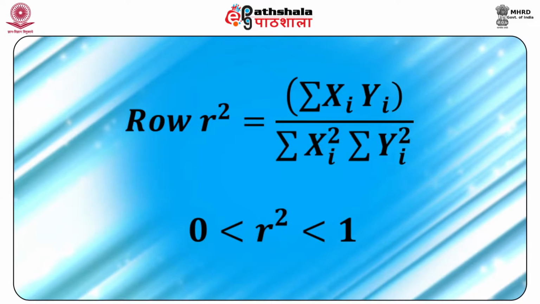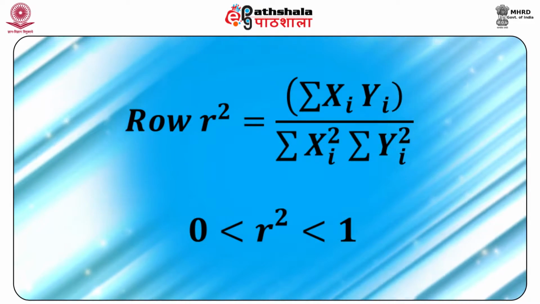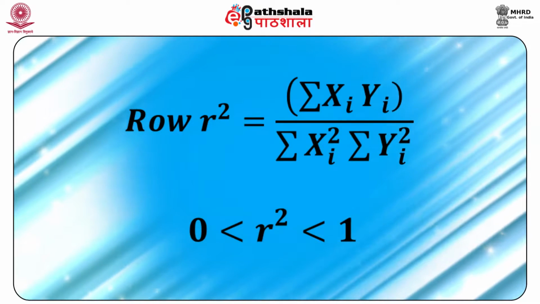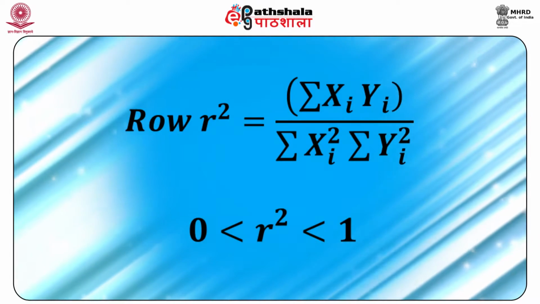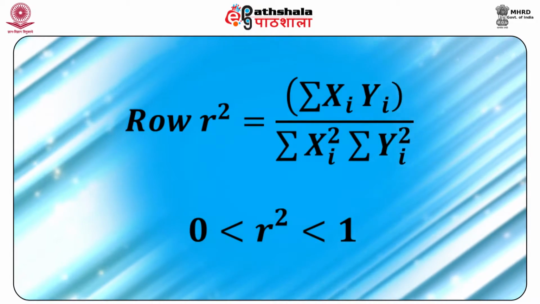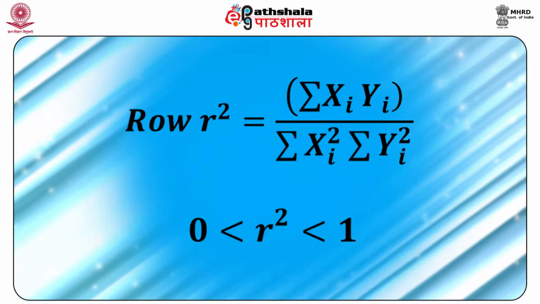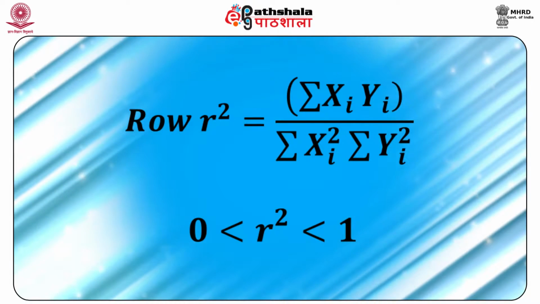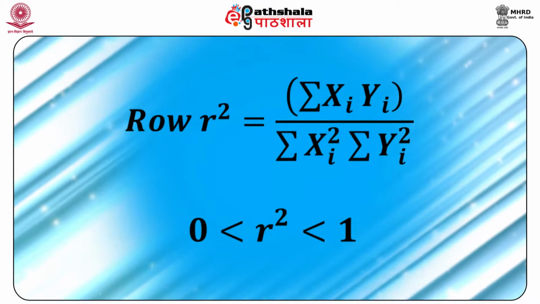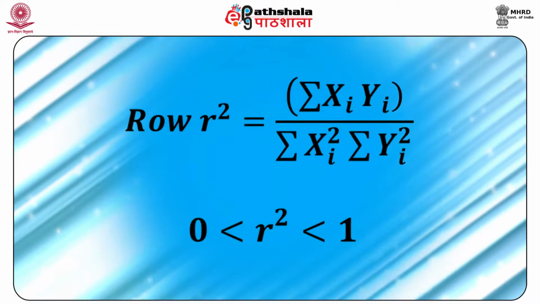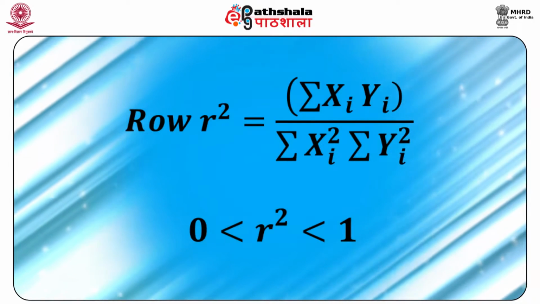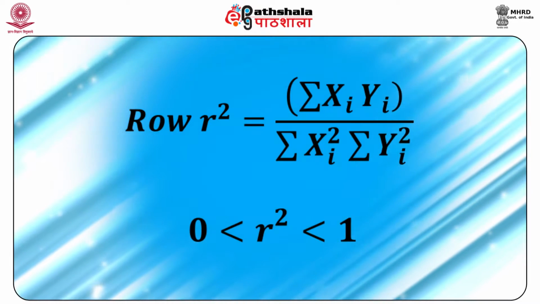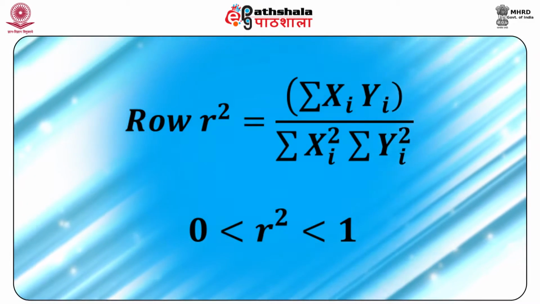I am sure students you can see that here when we have written sigma xi yi, this is not exactly the same as in a simple coefficient of determination. There, xi yi's were deviations from arithmetic mean, whereas here they are the raw values. Similarly, in the denominator we have sigma xi square into sigma yi square, and they are also capital Xi and capital Yi.